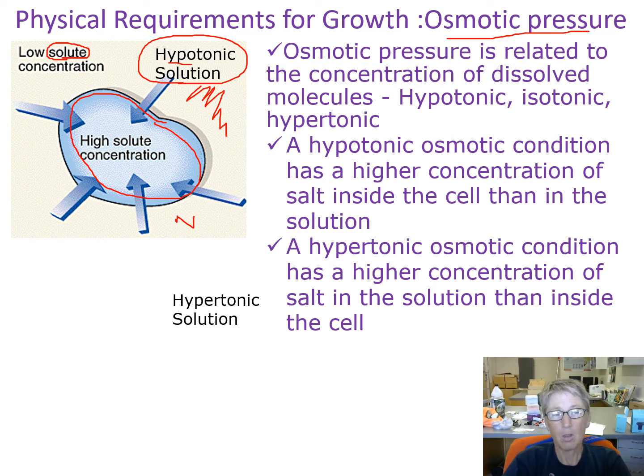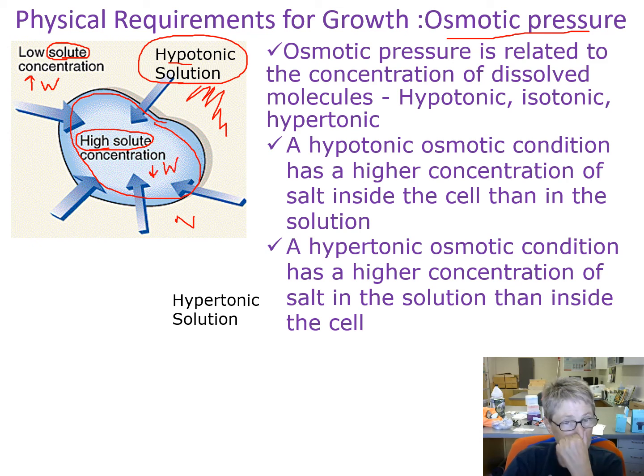So the solution on the outside of the cell has a low solute concentration relative to the inside of the cell, which has a high solute concentration. So on the outside of the cell, low solute, high water. Inside the cell, high solute, low water.